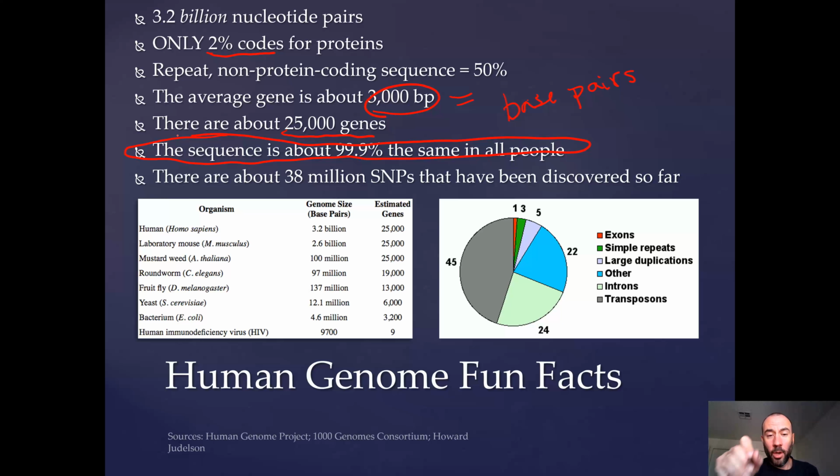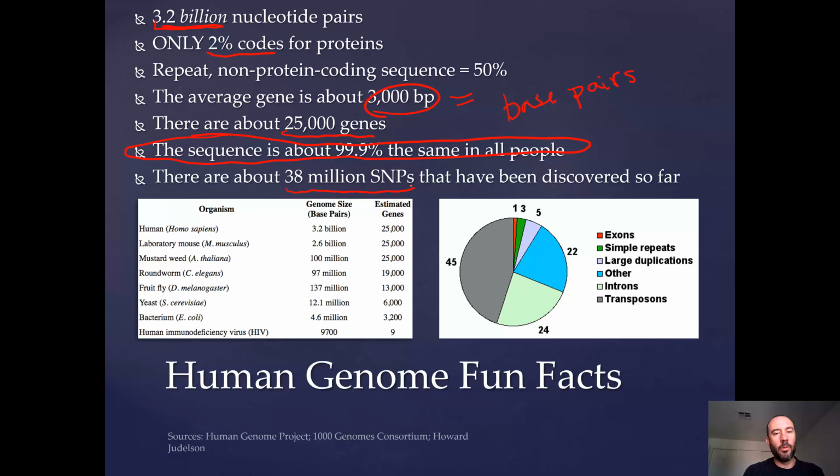Now, within that 0.1%, though, because there are 3.2 billion nucleotide pairs, there are at least 38 million SNPs that were discovered as of a few years ago. This number changes as we discover more SNPs, so this could be outdated.